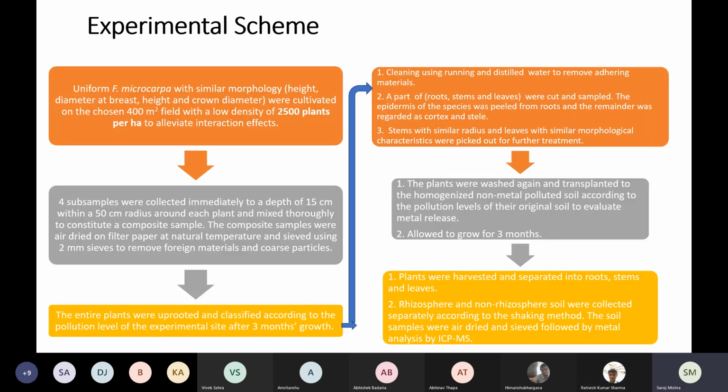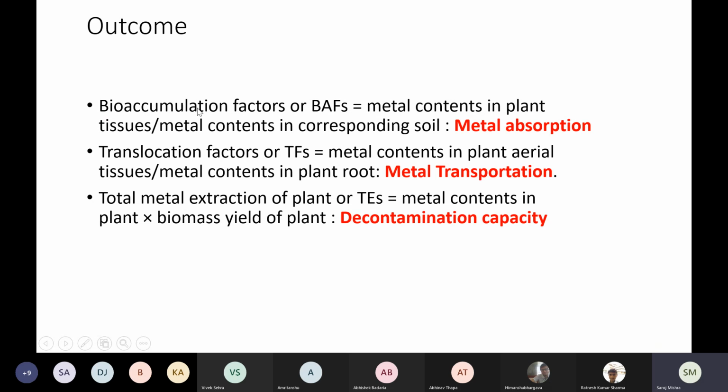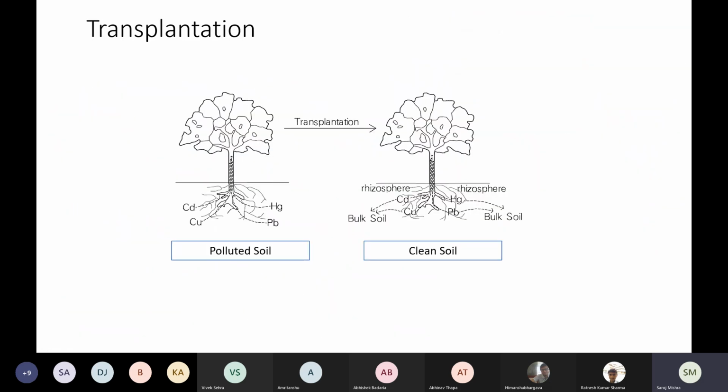Now, what is the experimental scheme? How can this eco restoration, or how can plants be used? The plants taken are Ficus microcarpa. Before I give you the plan of the experiment, let me show you a picture. Maybe I should have shown it to you first.